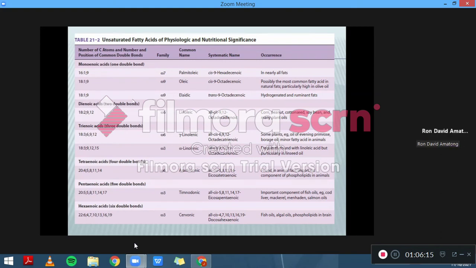Eicosanoids, Doc, are 20-chain polyunsaturated fatty acids, mostly from 20 carbon unsaturated fatty acids. This is a table from the first bi-monthly topic on lipids. If you can remember this, it shows the different unsaturated fatty acids.